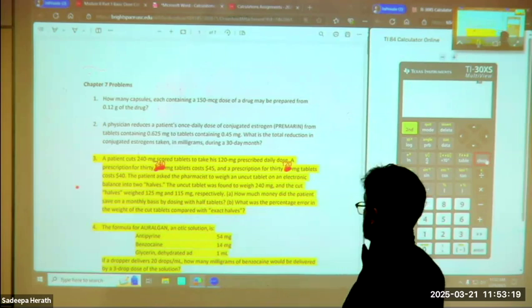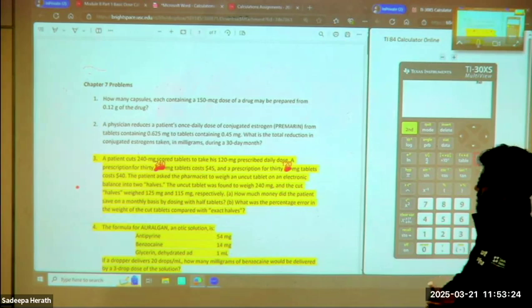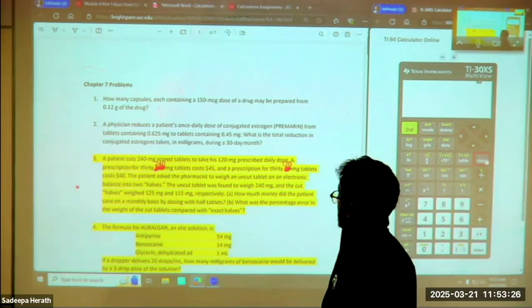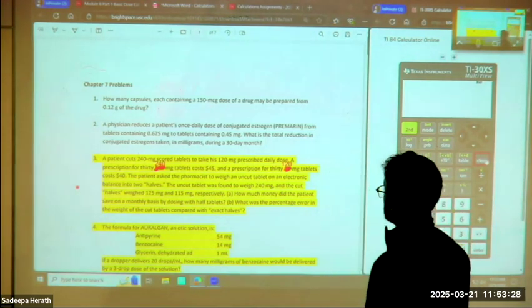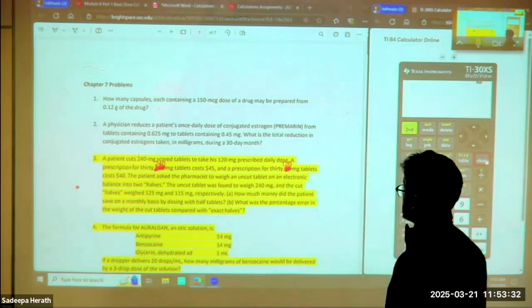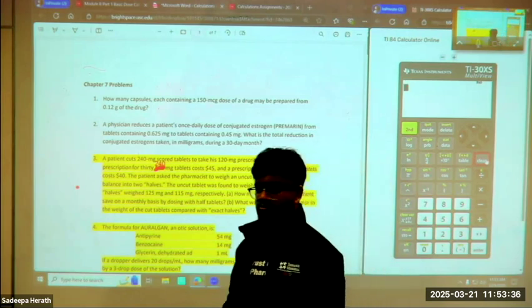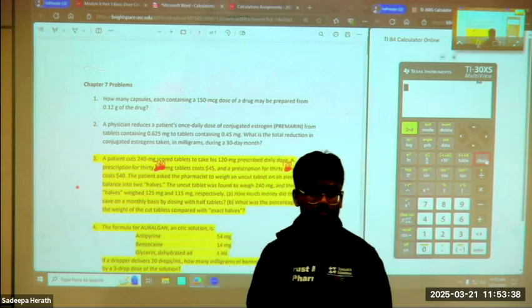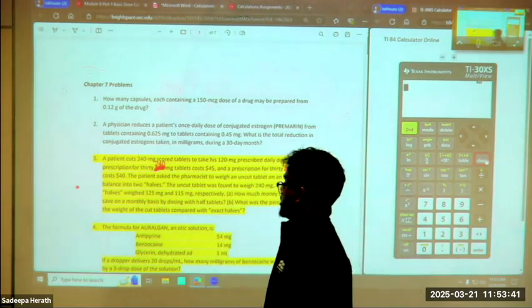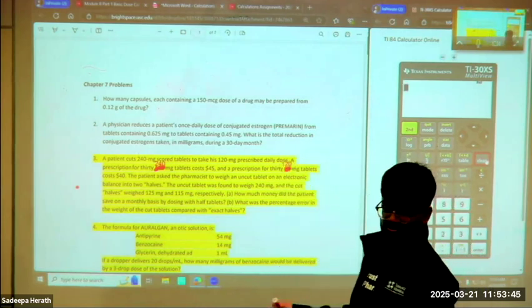For Chapter 7, I'm going to do number 1. Let's read that out loud real quick. How many capsules, each containing a 150 microgram dose of a drug, may be prepared from 0.12 grams of the drug? And Chapter 7 is more about dosing calculations. So just a heads up for that, you guys. We worked with a problem like this before.